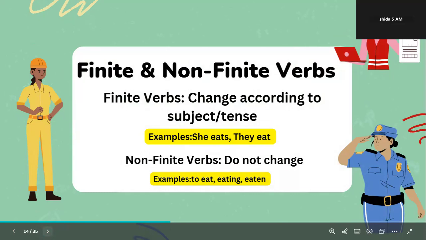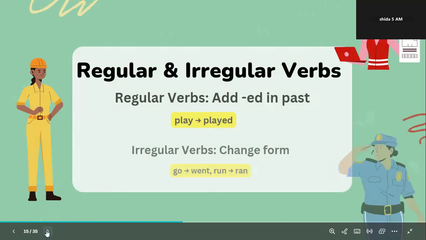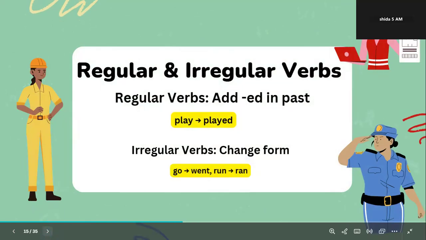Non-finite verbs do not change. Examples: to eat, eating, eaten. And the last one is regular and irregular verbs. Regular verbs, we can add ed in past, like play became played. Irregular verbs change form, like go becomes went and run becomes ran.